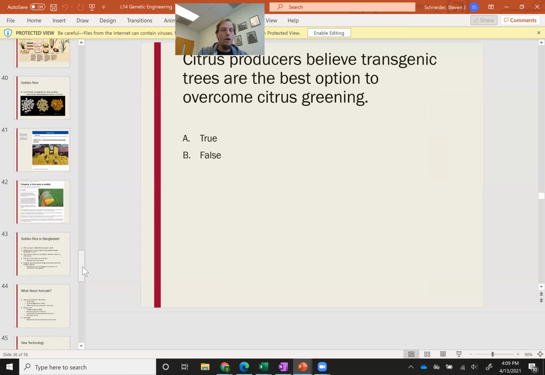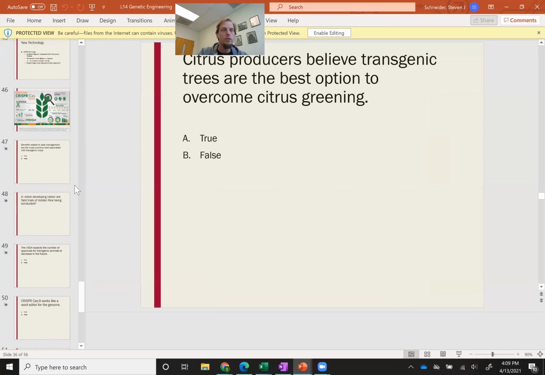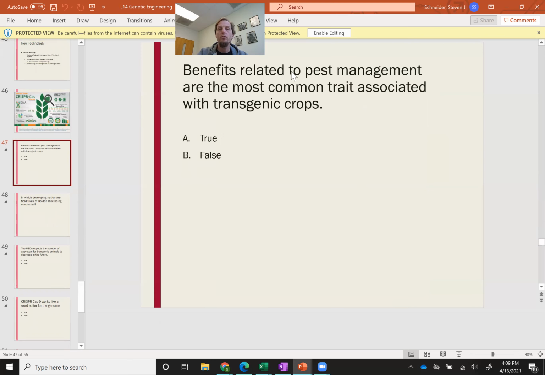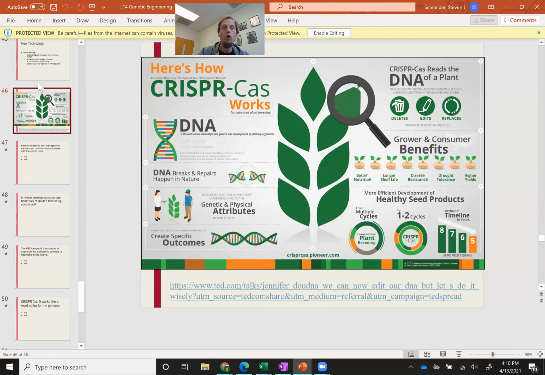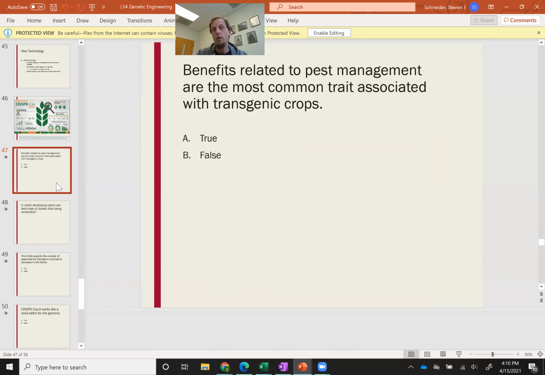Okay. So yeah, again, a lot of these, I'm looking for the questions. Benefits to pest, most common trait associated with transgenic crops. Absolutely, yeah. They do breed for nutrition and whatnot, but most all of these have to do with pest. A lot goes into pest management.